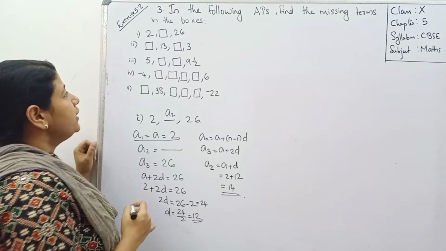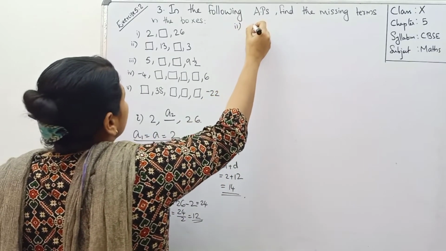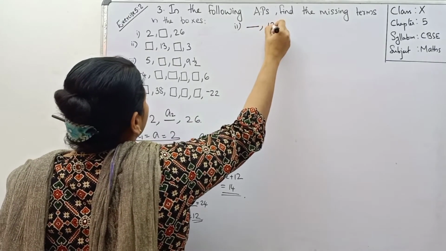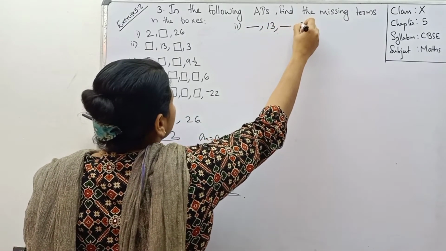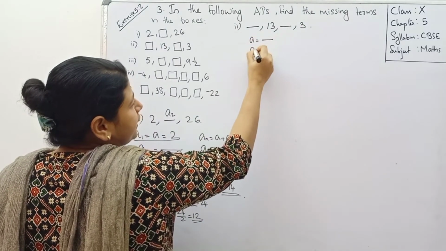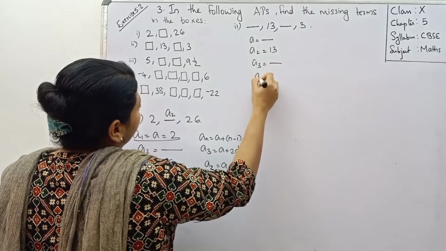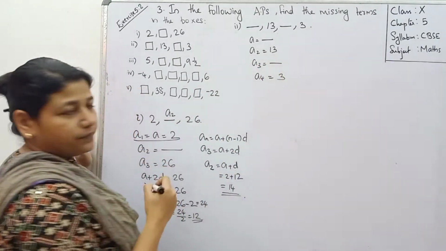Okay, now the second question. The first term is missing, the second term is given, the third term is missing, and the fourth term is given. We have to find a. a2 is 13, a3 is missing, a4 is 3.